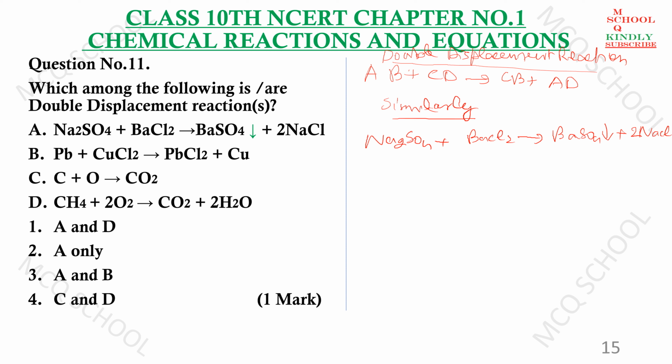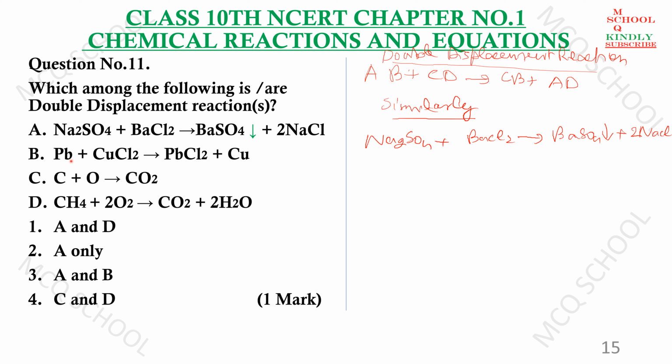Similarly, in our case, sodium sulfate and barium chloride combine to form barium sulfate and sodium chloride. So hence it's a double displacement reaction surely. Hence A is surely there. In the rest of the cases, double compounds are not there.